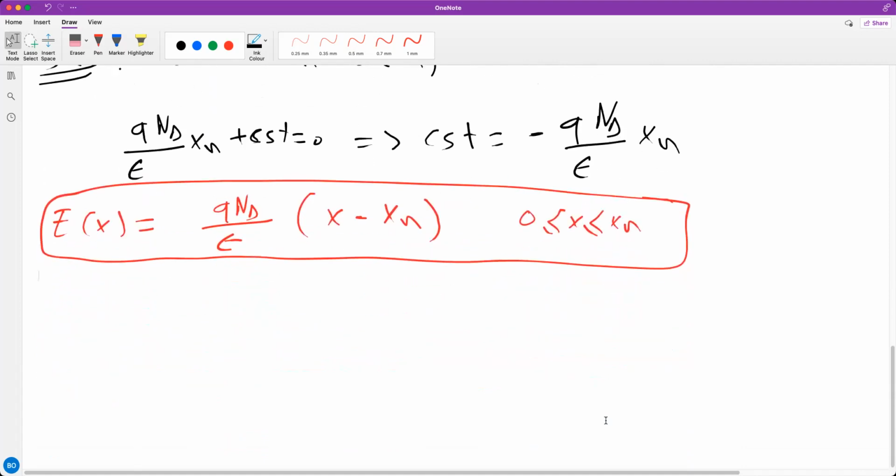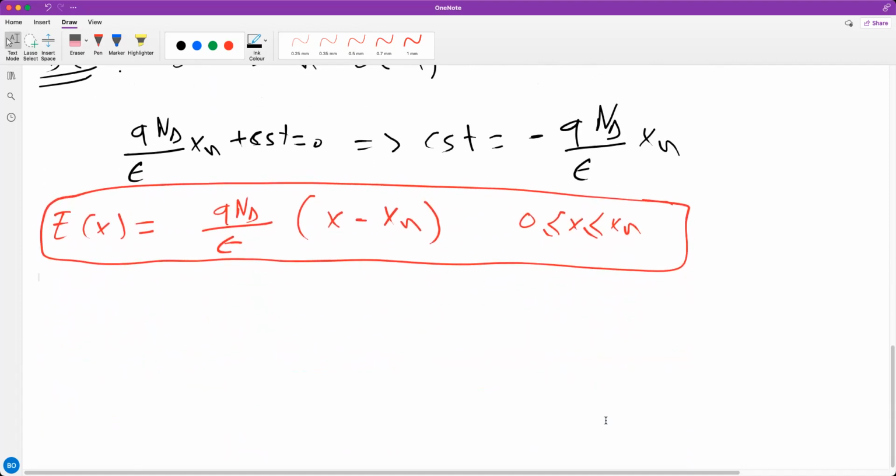Okay, I have a question. Let me choose another color here. At x equals 0, what is the electric field?